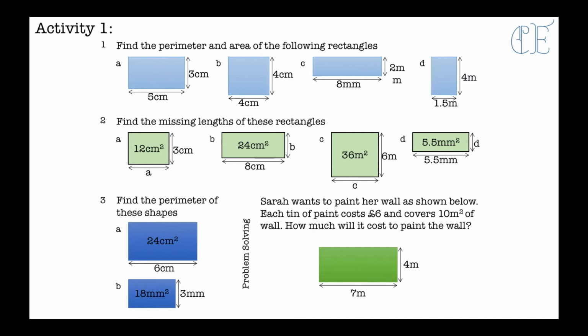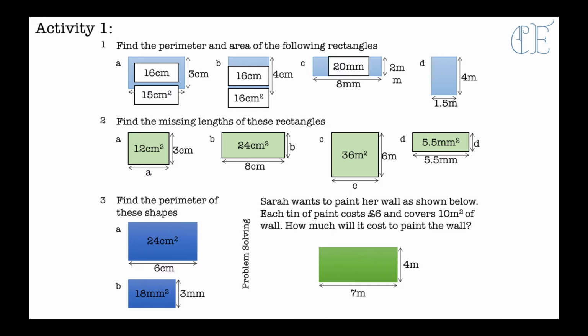Okay, if you paused the video and had a go, here are some of the answers. We have A, perimeter of 16, area is 15 centimetres squared. B, they have the same. C, 20 millimetres in perimeter and 16 millimetres squared. D is 11 metres and 6 metres squared. Question 2, find the missing lengths of these rectangles.